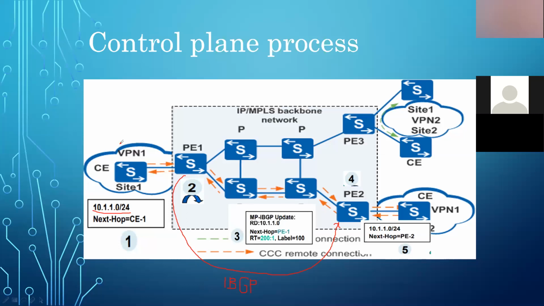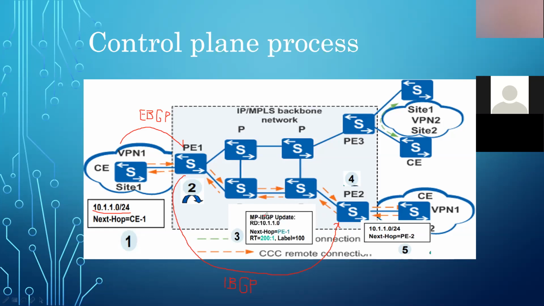And here it is eBGP, maybe. It can also be OSPF. This is MP-eBGP and this is MP-IBGP. MP-eBGP means it is on the VPN instance, and MP-IBGP is on the VPNv4 address family.